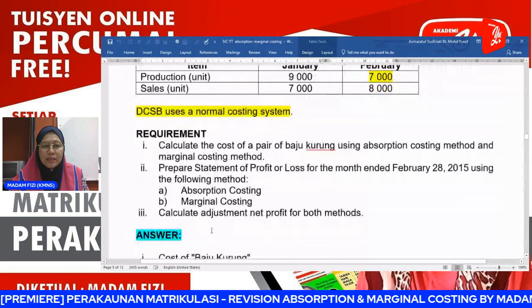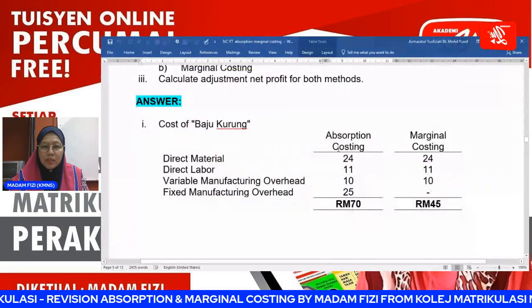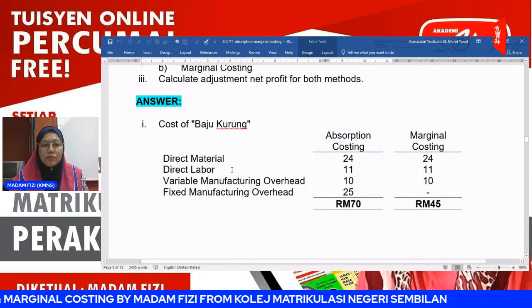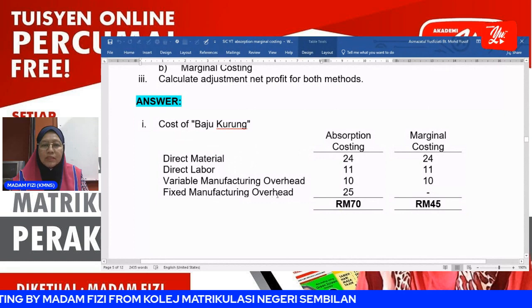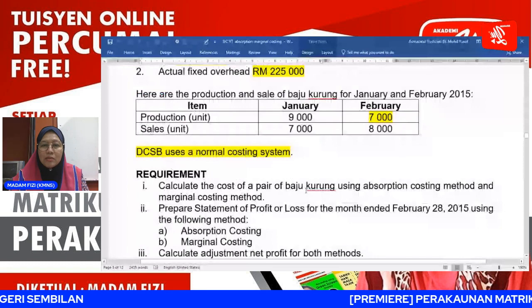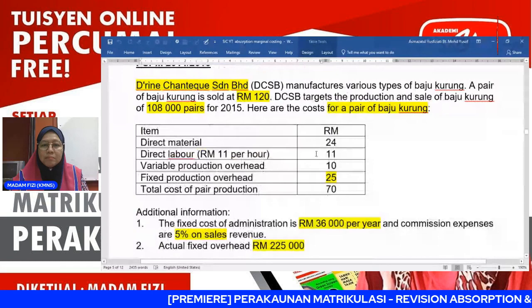Now we look at the answer. For absorption costing, you must include the direct material, direct labor, variable overhead and fixed overhead. In the question it already says the cost for a pair of baju kurung, so this is already per unit.